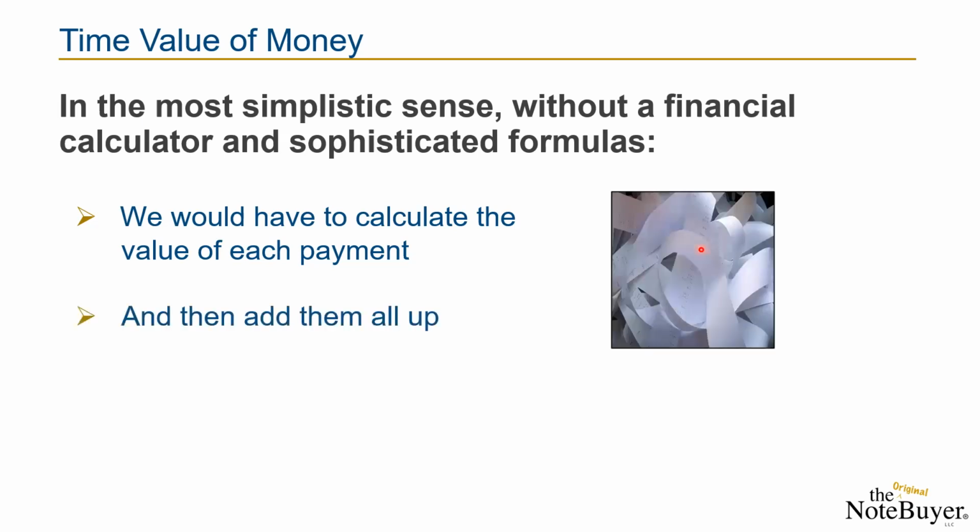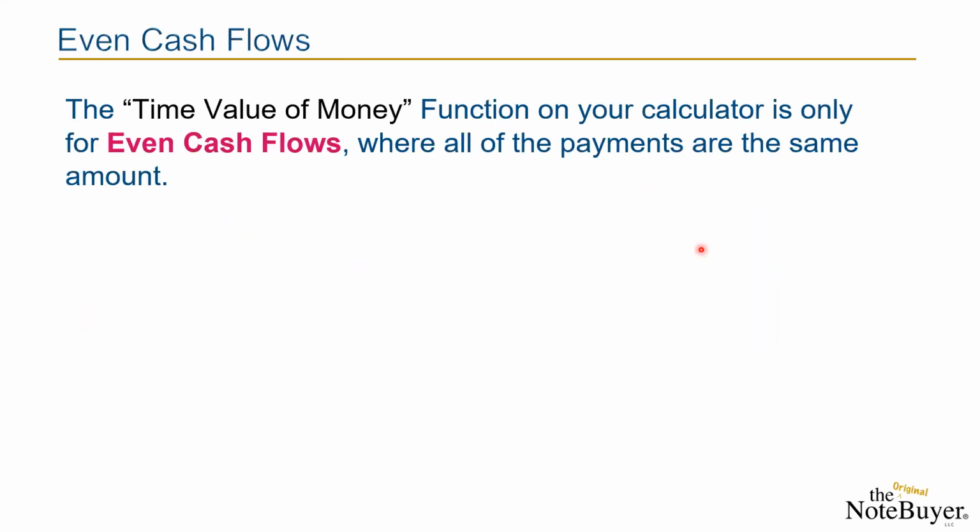If you were looking at a 360-month loan, you'd have 361 calculations to do. So needless to say, I'm extremely happy that we have a calculator. Saves a lot of time.